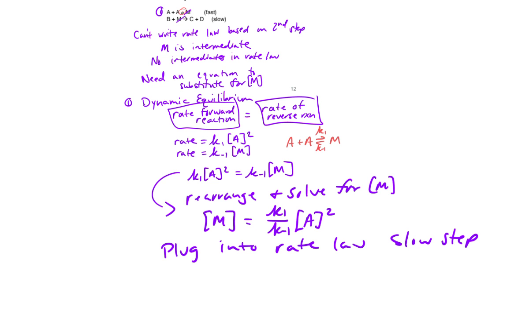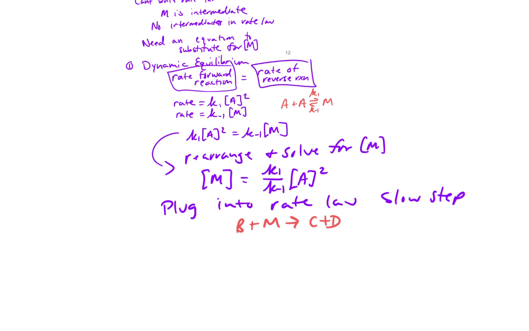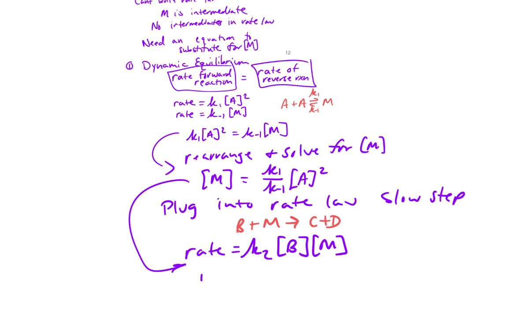In our slow step we have B plus M forms C plus D. If we write the rate law, we'll have rate equals K, and I'm going to do K2 here for the second step, times the concentration of B times the concentration of M. Now we can plug M into this rate law. We'll have rate equals K2 times K1 over K minus 1 times the concentration of A squared times the concentration of B.